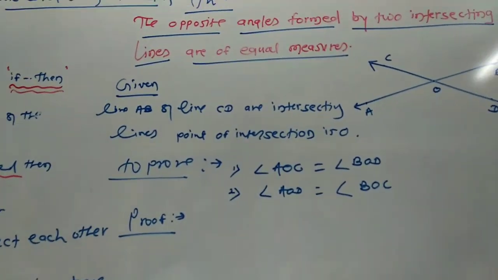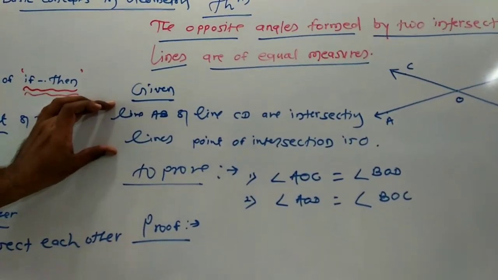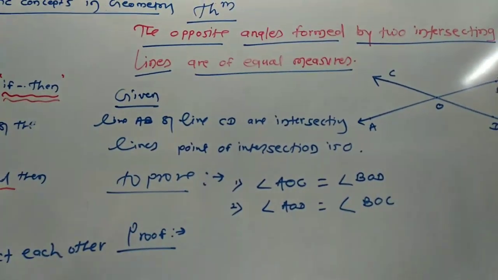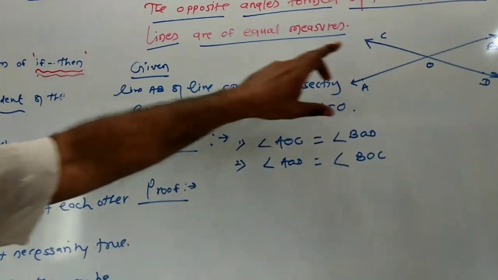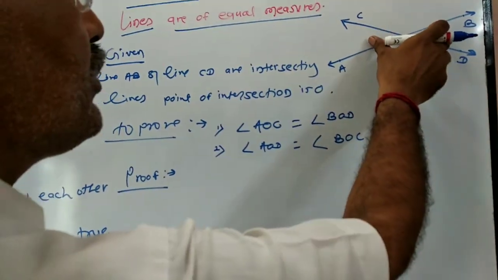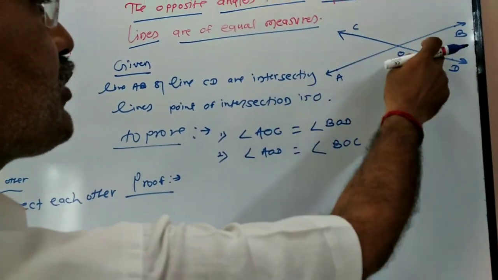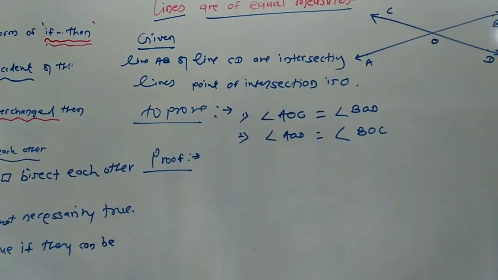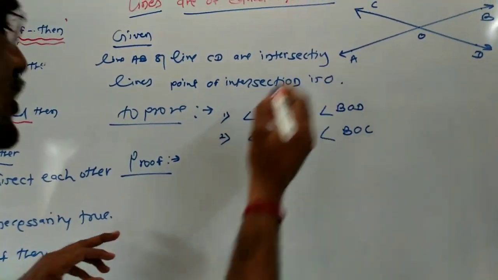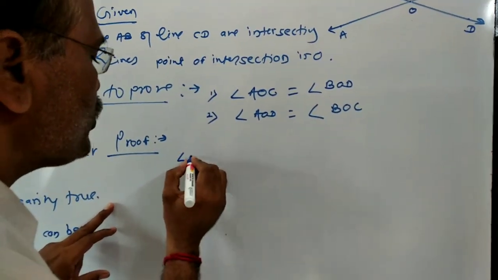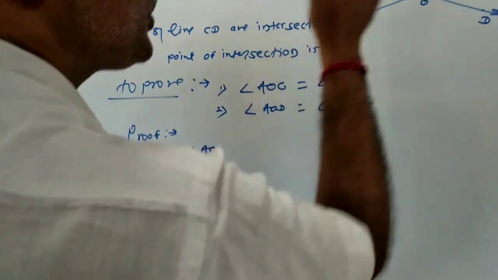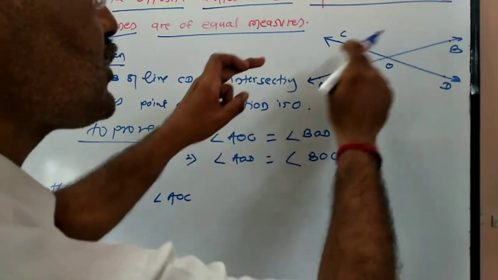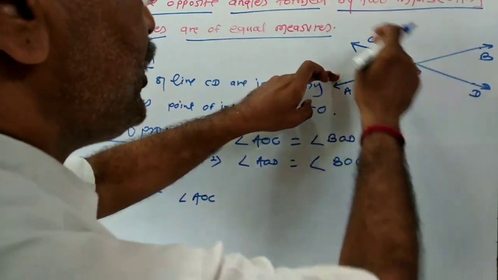Given two intersecting lines, we have to prove angle AOC and angle BOD are of equal measure. First, we take angle AOC and angle BOC.